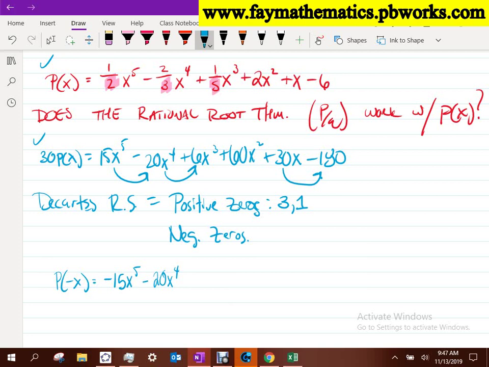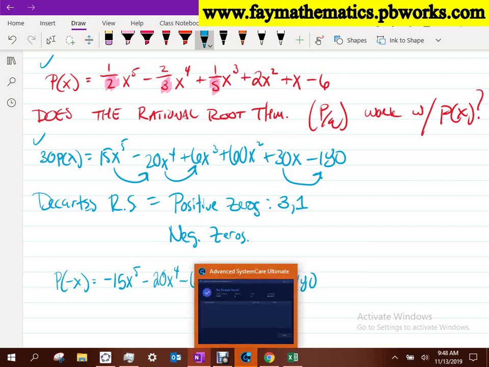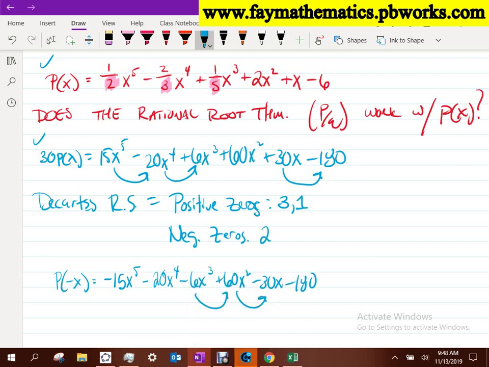This will be negative 6x cubed. This will be positive 60x squared. This will be negative 30x, and then minus 180. And then sign changes there? No. Yep, sign change there. Sign change there, right? So we're going to have 2 or 0 negative zeros. Does that make sense? Okay, so that's the sign change. That's Descartes' rule of signs.